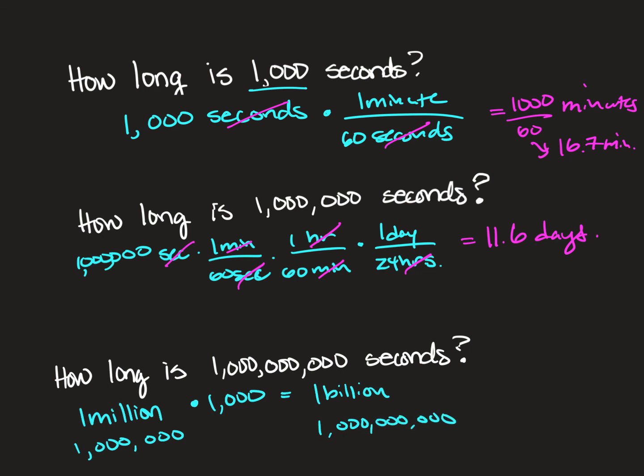And so really what I'm going to get is 1,000 times 11.6 days. So if you did that, you should eventually be able to get yourself to the fact that this is 31.7 years.